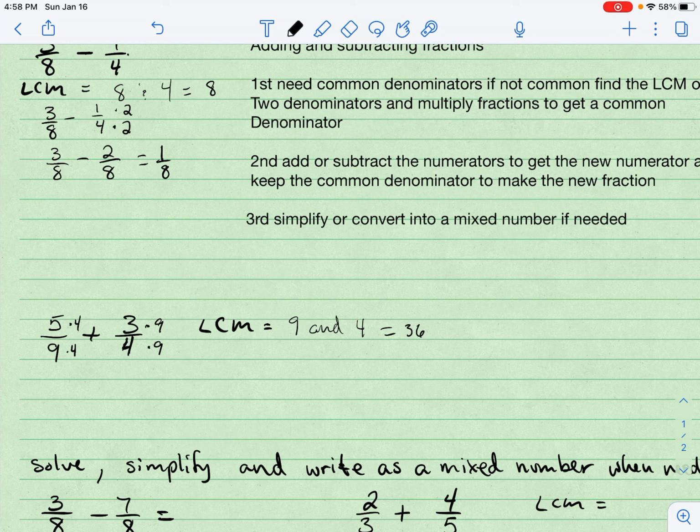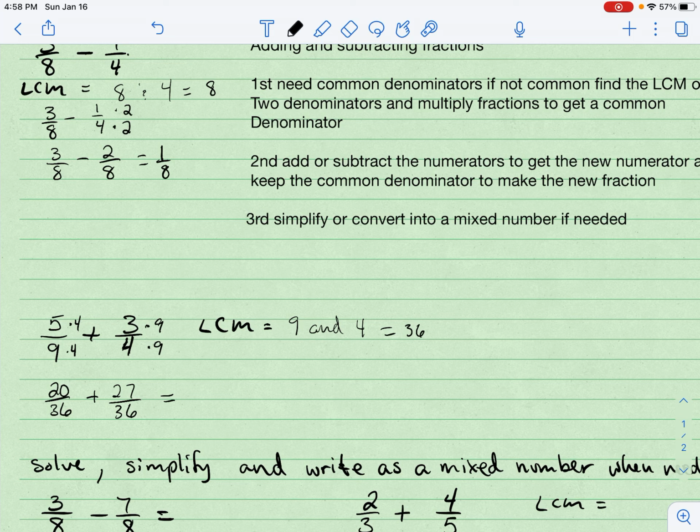So 5 times 4 is 20. 9 times 4 is 36. Plus 9 times 3 is 27. 9 times 4 is 36. All right. So when we add these together, we add the numerators, keep the denominator.